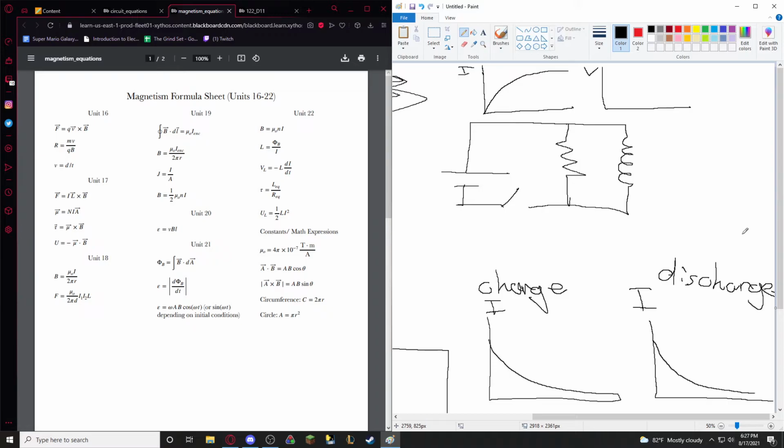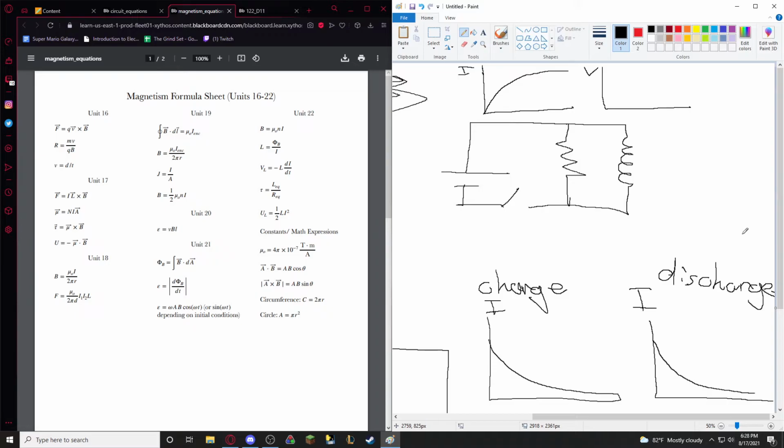And why is that? Because dI/dt is going to 0. The magnitude of that becomes 0. What is dI/dt? I'm trying to remember the proper name of that. You've taken Calc 1, right?